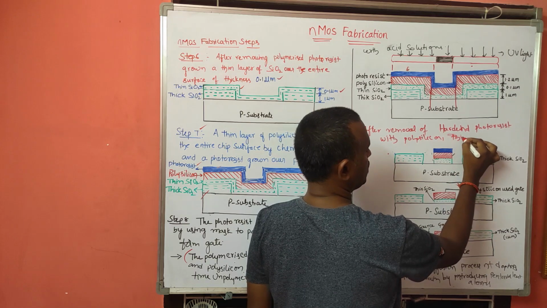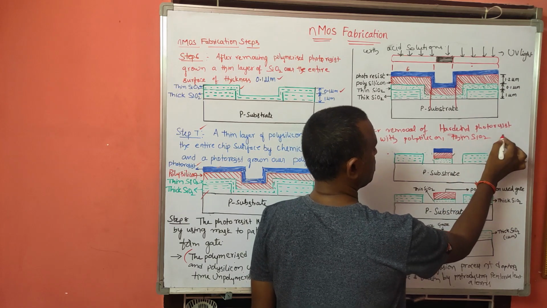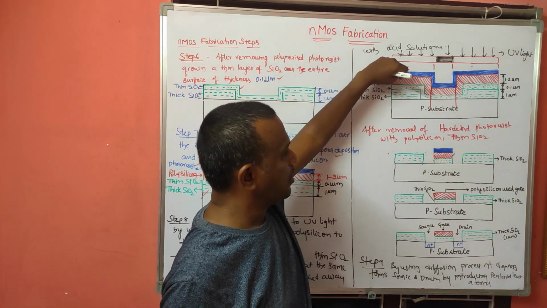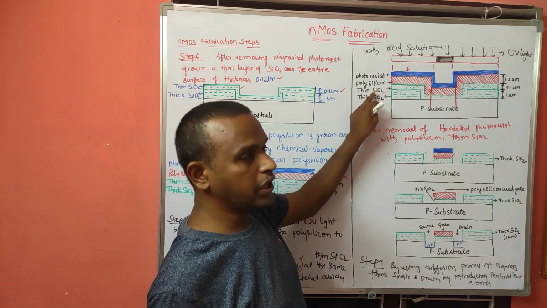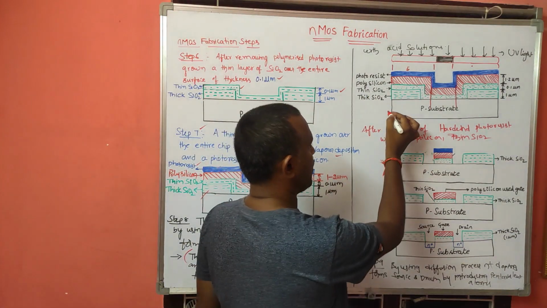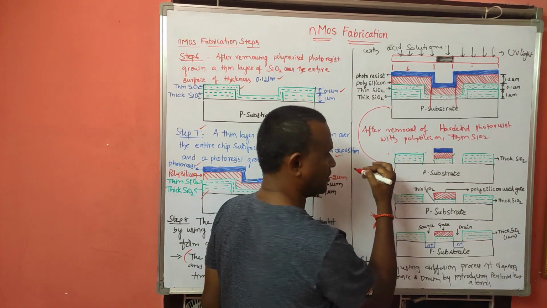We don't remove any thick SiO2, thin SiO2 we will remove. Okay, so after removal of hardened photoresist with polysilicon and at the same time thin SiO2, we will get the diagram like this. So this diagram will be obtained like this.